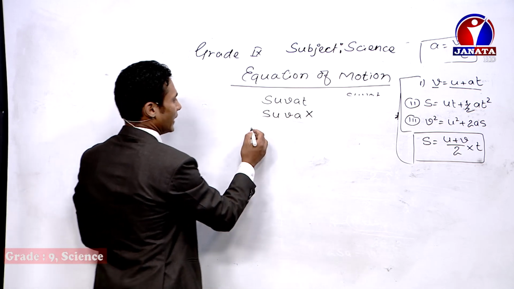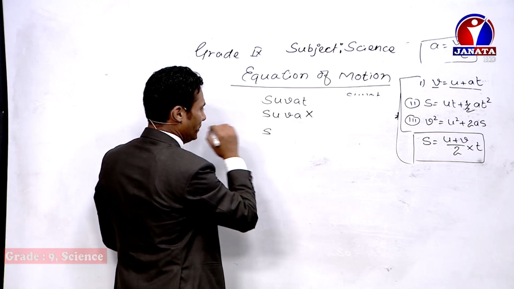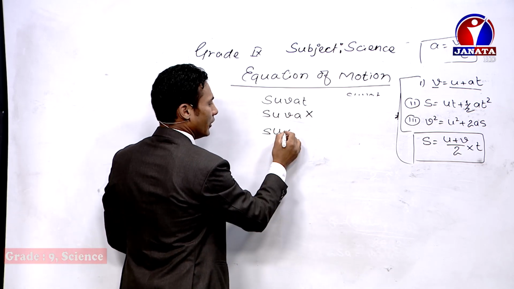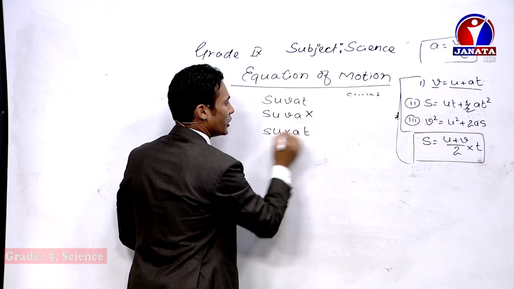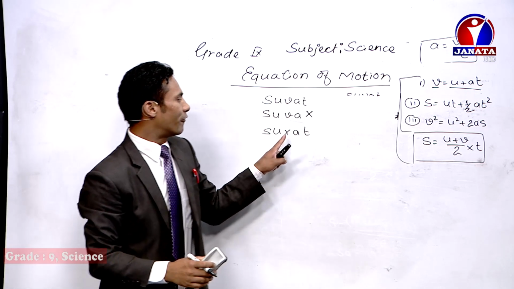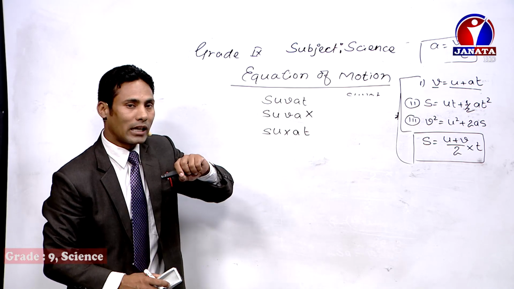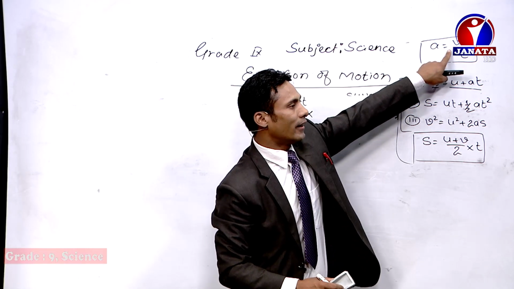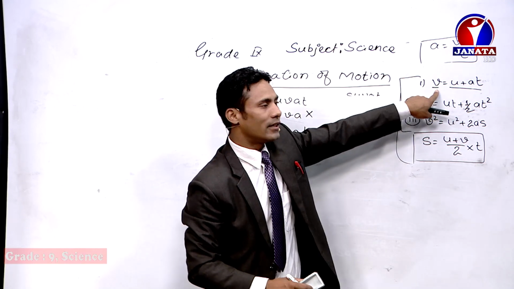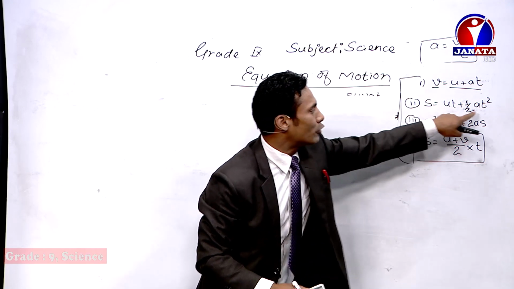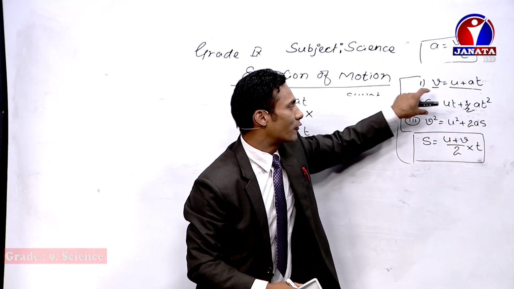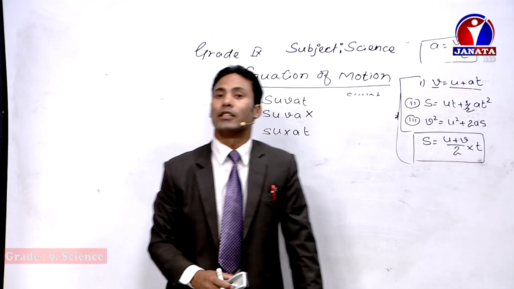Similarly, let's say S is there, U is there, V is not there, A is there, and T is there. That means the final velocity is not there, so let's check which formula is suitable. V is here, so it is not suitable. V is here, it is not suitable. And here there is no V. That's why this formula is suitable for that numerical problem.